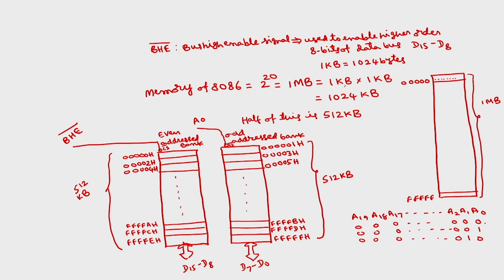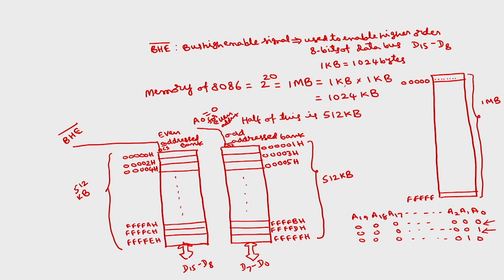So for even addresses, A0 is 0, and for odd addresses A0 is 1. So when will this be selected? A0 is 0 for an even address, so for A0 equal to 0, this will select.